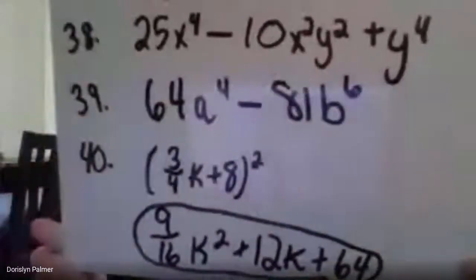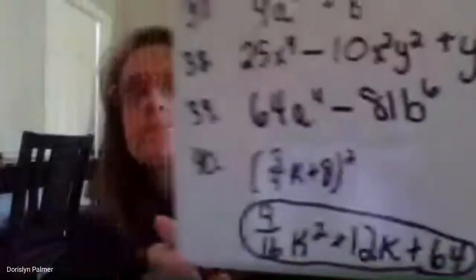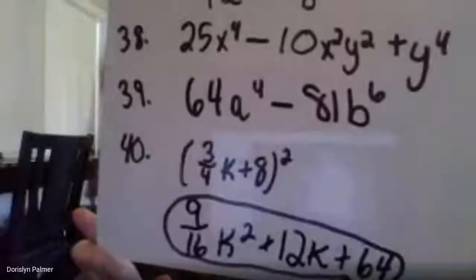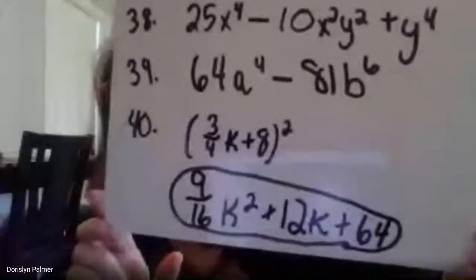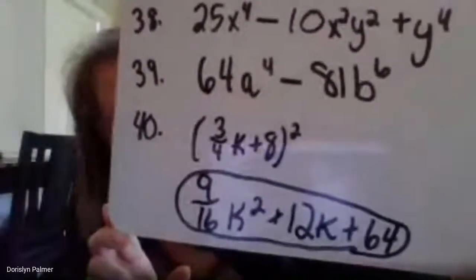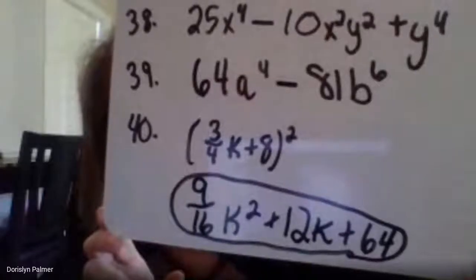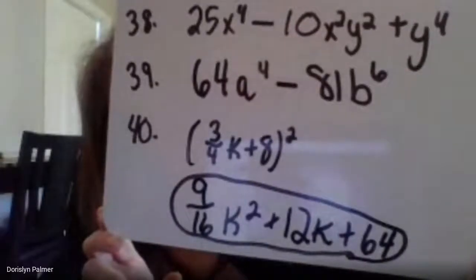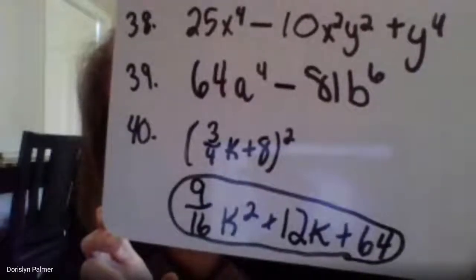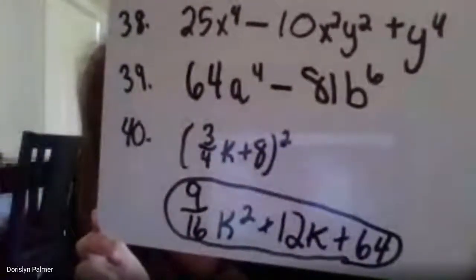Mrs. Palmer. Yeah, is 48/4. Sorry, 6 times 8, 48/4. Is 9/16 the same as 3/4? No, 9/16 is 3/4 times 3/4. And then you square the last term. All right, that was good work.